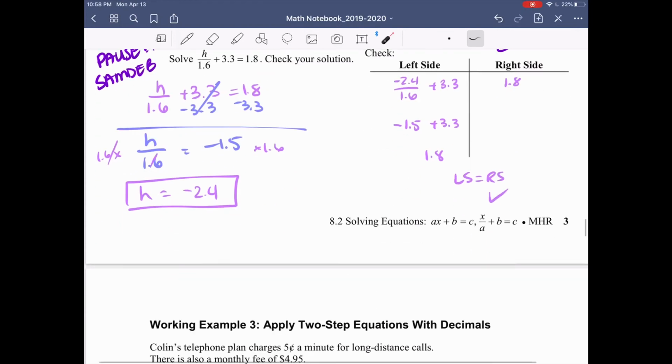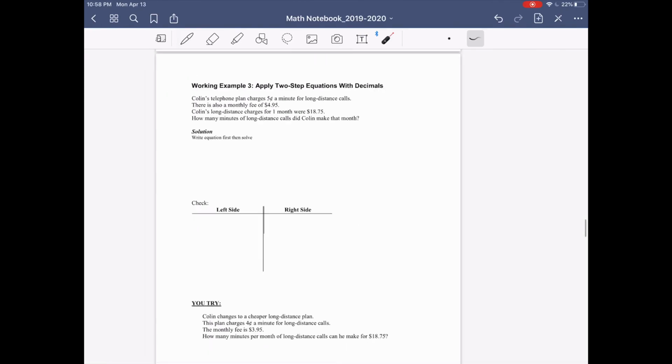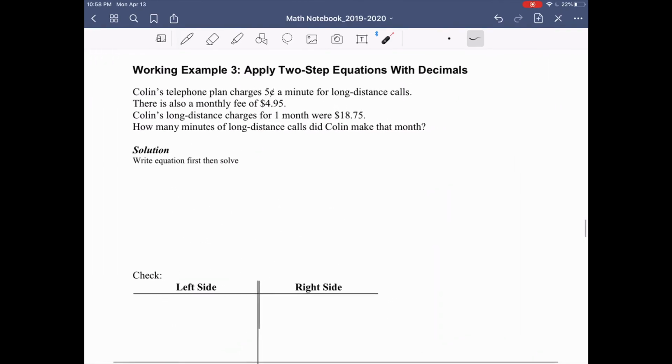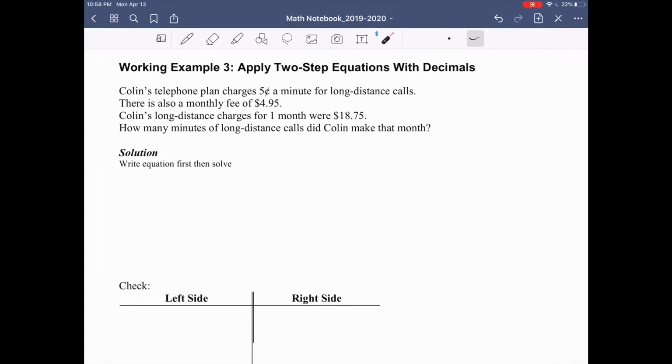Okay, our last example together is working example number 3, which is now applying two-step equations with decimals. Whenever you see the word apply, think word problem. That's how you're going to have to apply it.